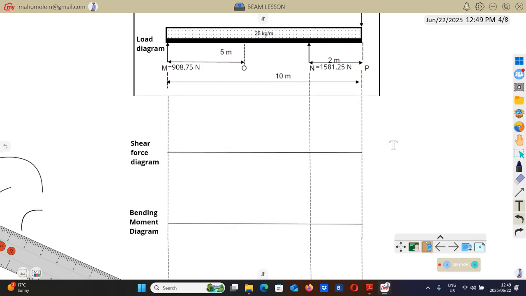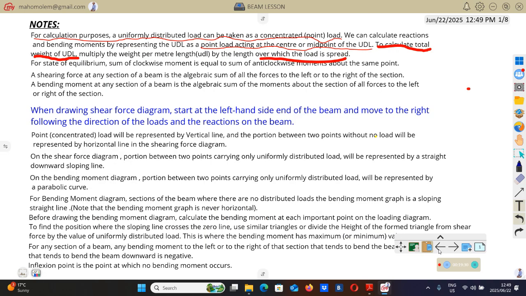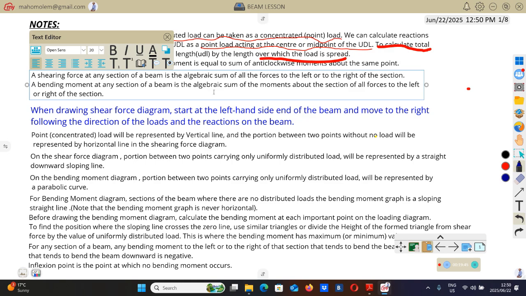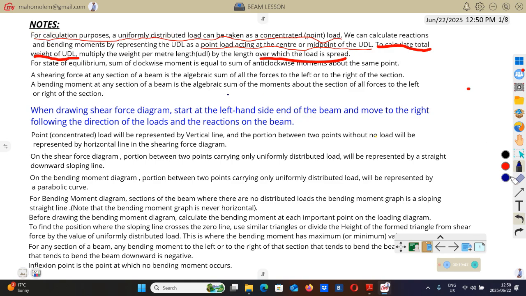Okay, on the shear force diagram, and then maybe before that, what is a shear force diagram? What is shear force? Here's the definition of the shear force.